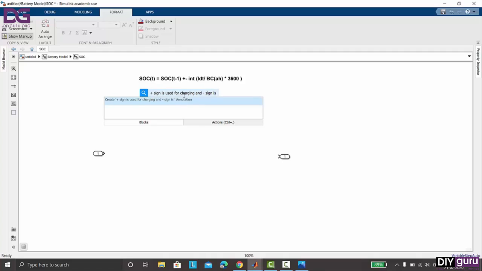Here the plus sign is used for charging and the minus sign is used for discharging.